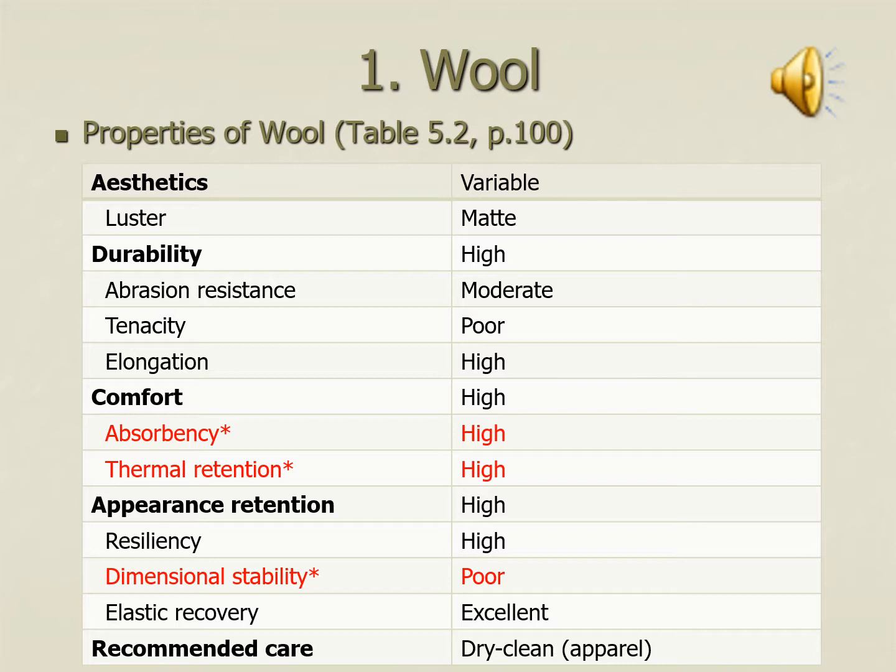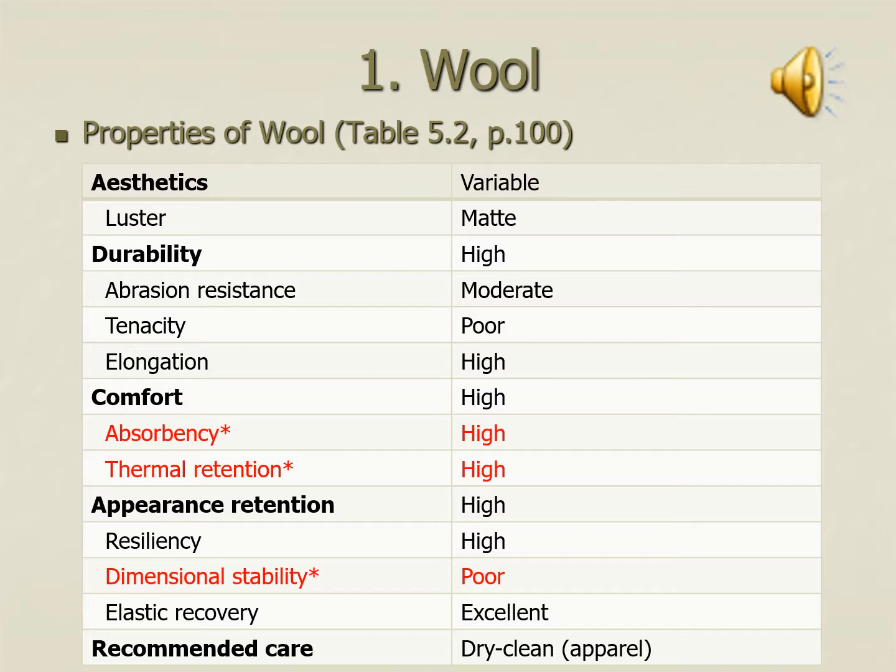So if you've ever been outside in a wool jacket and it's been raining, you'll notice little beads of water that are all over it. We've talked quite a bit about the thermal retention, but again, it's quite high for wool. And from an appearance retention standpoint, it has poor dimensional stability. So again, this refers to the shrinkage that we talked about earlier, which occurs from the felting property.